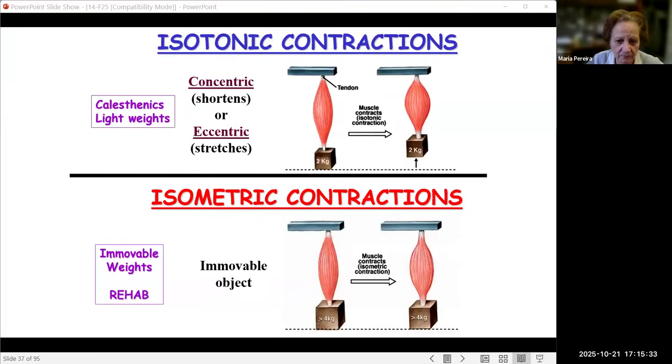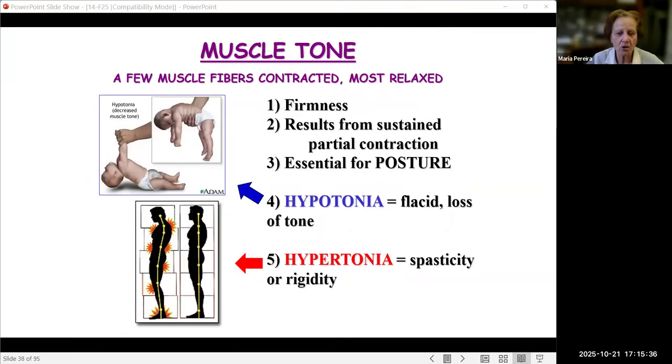Okay, so this shows the same principle. When each muscle fiber doesn't relax 100%, there's always a few muscle fibers that are contracted, and that's known as tone. Like I'm not moving my hand, so most of them are not contracting, but there's always a few that remain contracted.